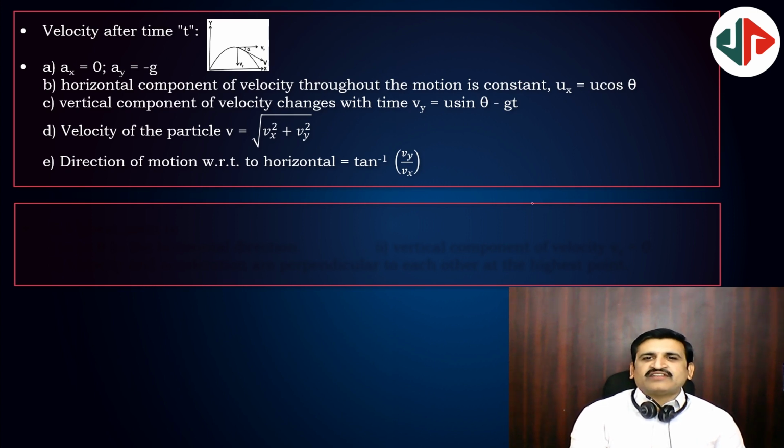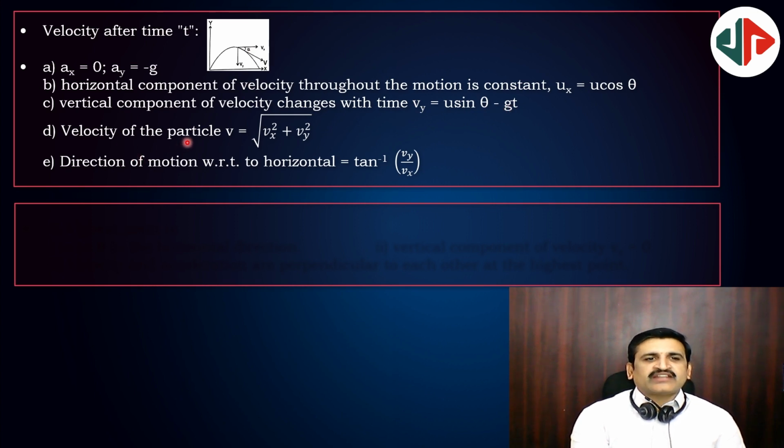The horizontal velocity is u cos theta and remains unchanged, because there is no acceleration in the horizontal direction. Only the vertical velocity component is going to change. The vertical component of velocity Vy is equal to u sin theta minus gt, because it is time dependent. So Vy is equal to u sin theta minus gt.